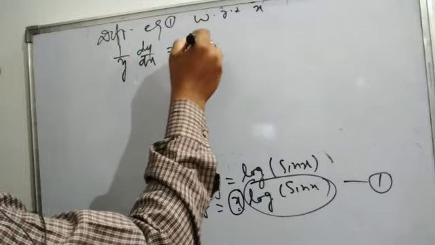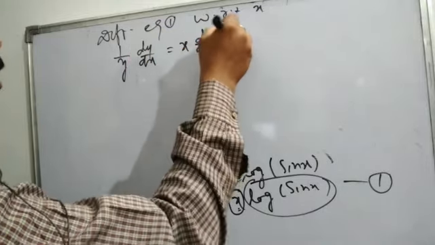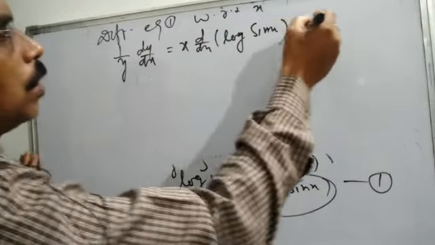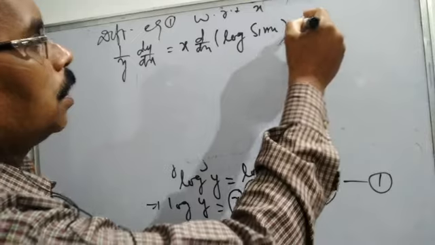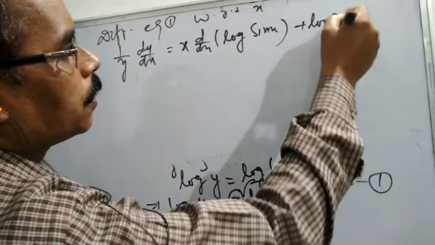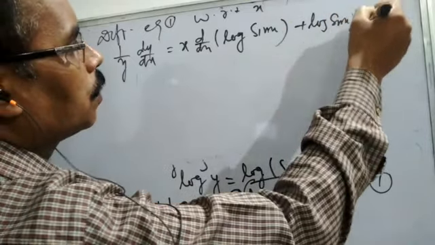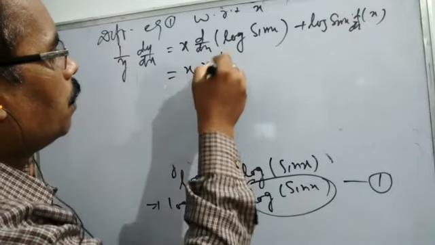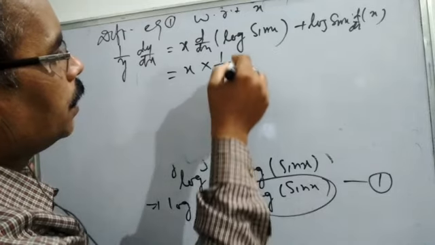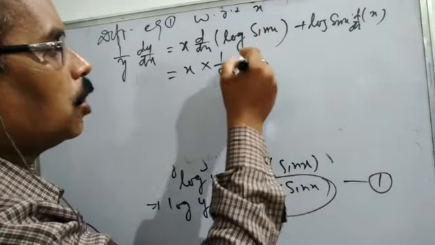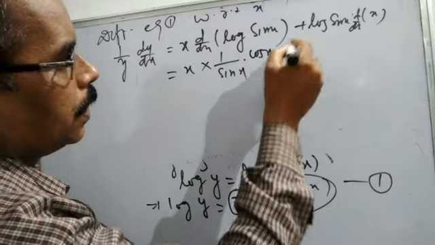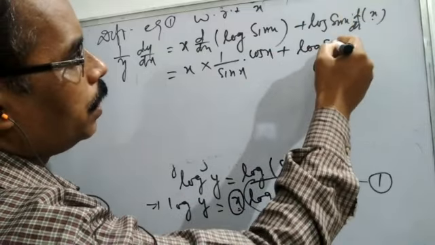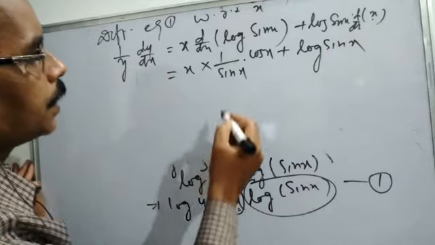Suppose x is constant, then the derivative of log sin x, plus again log sin x constant, then the derivative of x. So what is the answer now? x into the derivative of log sin x, which is 1 by sin x. Again we have to multiply by the derivative of sin x, which is cos x. Then the derivative of x is 1, so simply it will be log sin x.